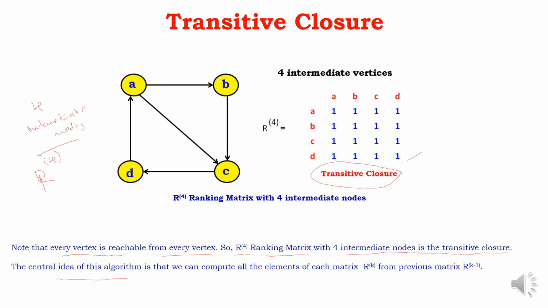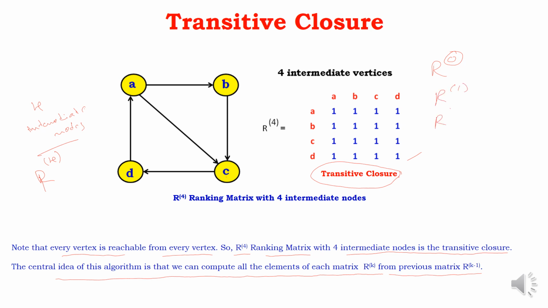The central idea of this algorithm is that we can compute all the elements of each matrix Rk from the previous matrix Rk minus 1. Initially we evaluated R0, where there are no intermediate vertices. Then we use R1, ranking matrix 1.